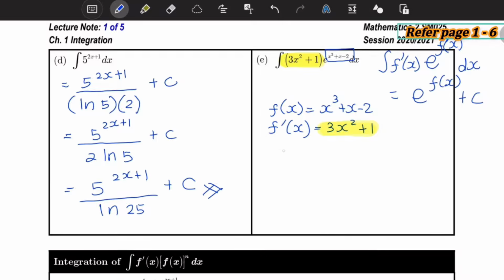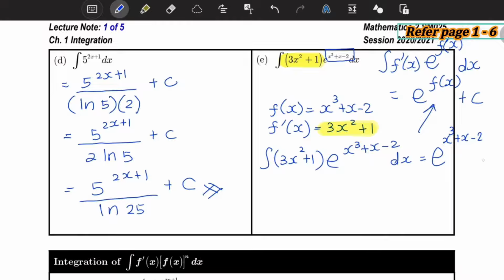So integrate 3x squared plus 1 exponent x cubed plus x minus 2 dx equal to, we use the rule, exponent f x. For our case, exponent x cubed plus x minus 2 and then plus c.